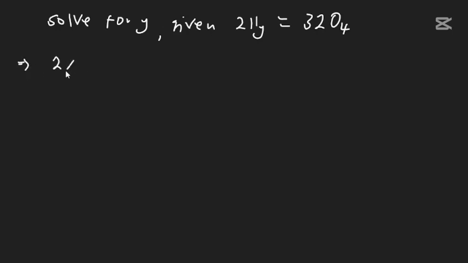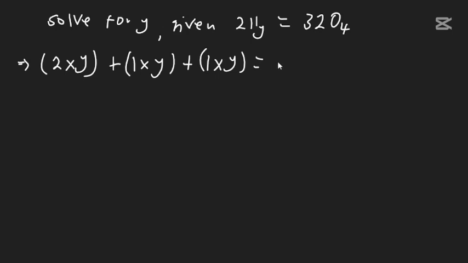So this gives us 2 multiplied by y. So we are expanding with the given base plus 1 multiplied by y plus 1 multiplied by y. And this is equal to 3 multiplied by 4 plus 2 multiplied by 4 plus 0 multiplied by 4. In terms of place value, this is 0, 1, 2.